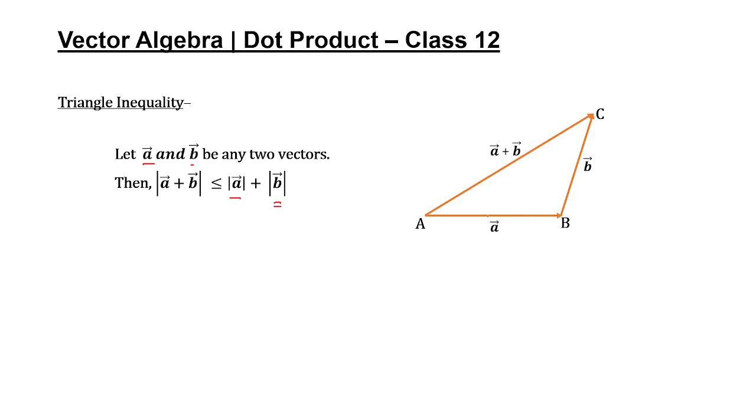Let us assume vector AB is there whose position vector is A. Next vector BC is there whose position vector is B. So if you add these two vectors using the triangle law of vector addition, then AB plus BC is equal to AC.